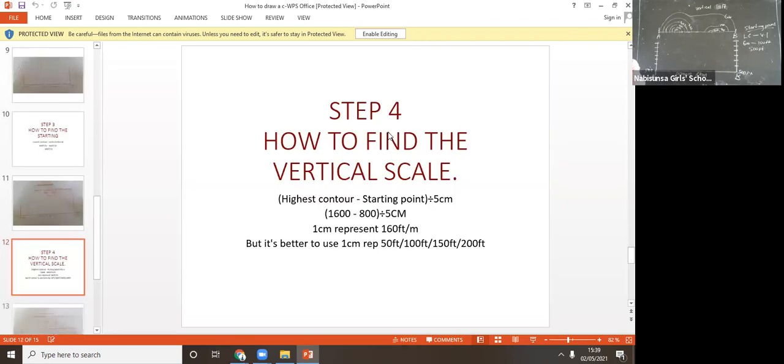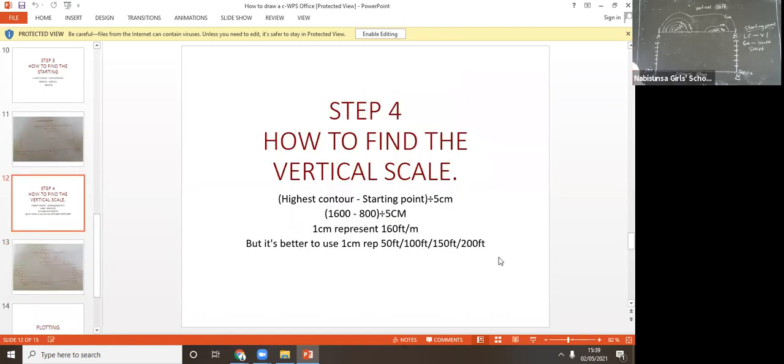Now, let us proceed. Stage 4. Who can read for us? Step 4. How to find the vertical scale. Highest contour minus starting point divided by 5 centimeters. 1,600 minus 800 divided by 5 centimeters.